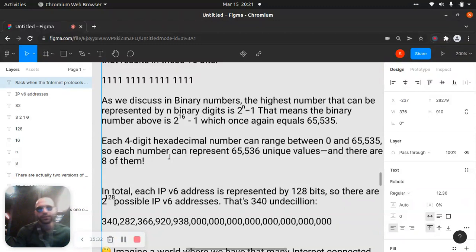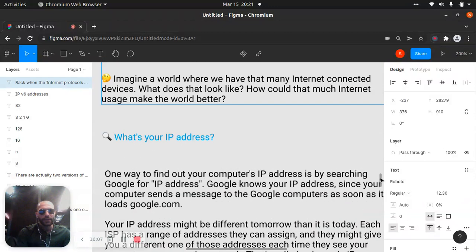That's 340 undecillion. In IPv4, with 32 bits, it will be 2 to the power of 32, which gives us a little over 4 billion. Look, IPv6 is a very big number for representing computers and assigning new devices with new IP addresses.